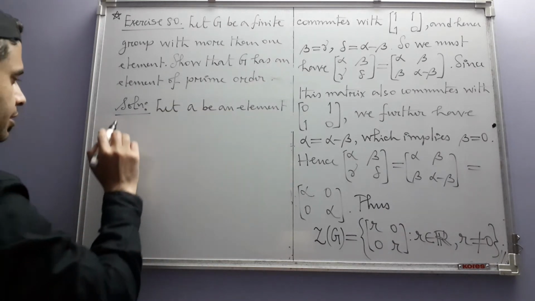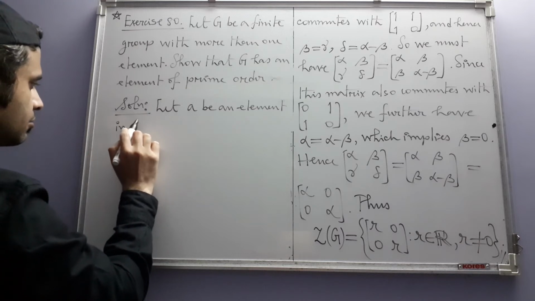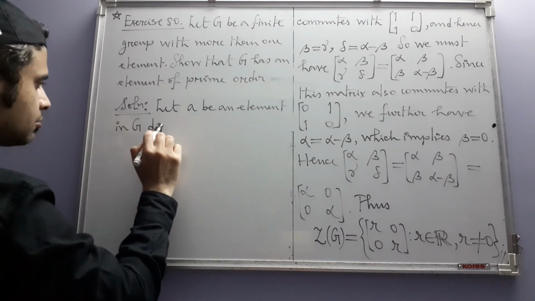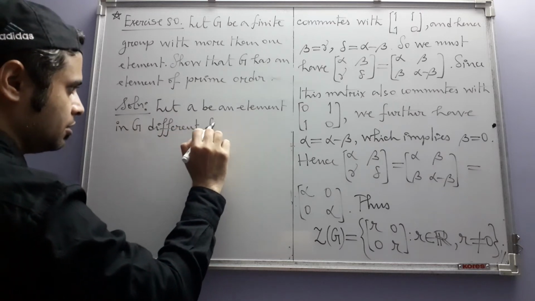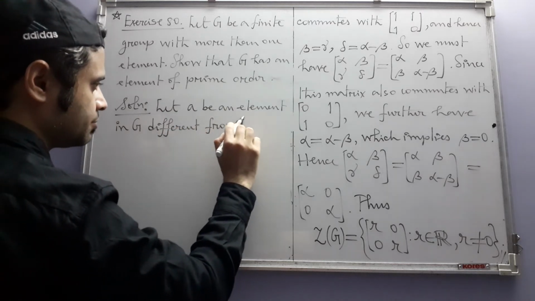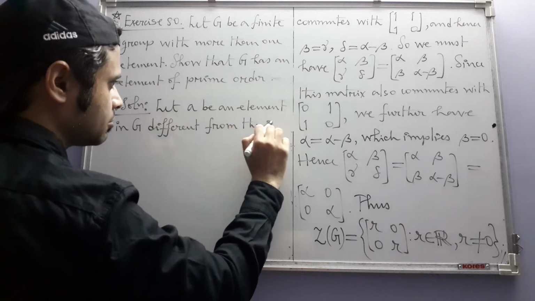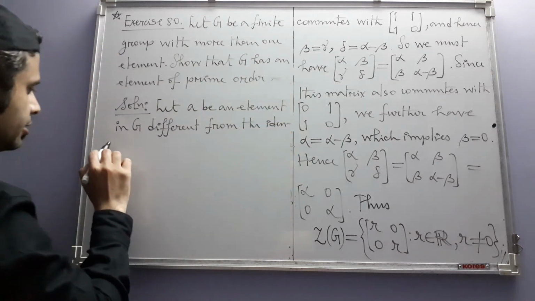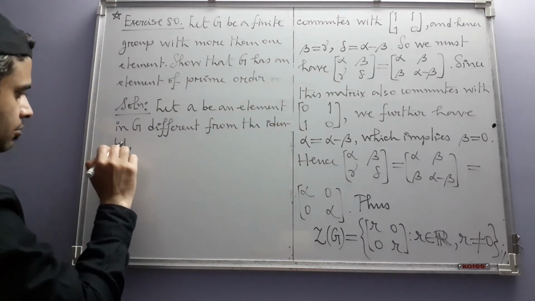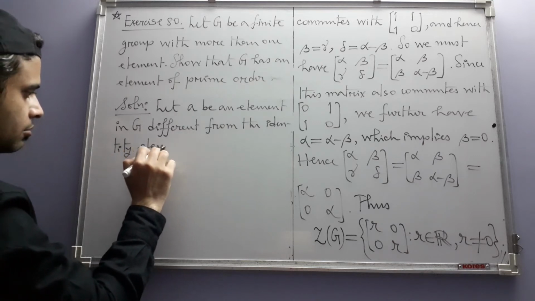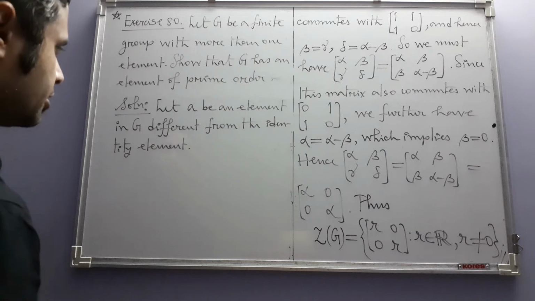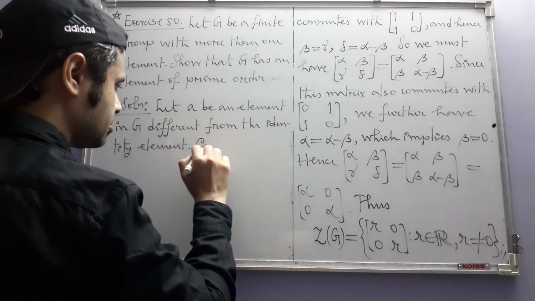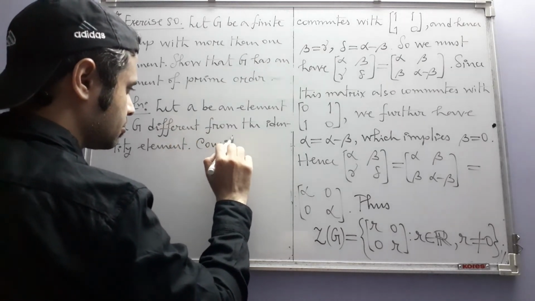Let A be an element in G different from the identity element. Okay.